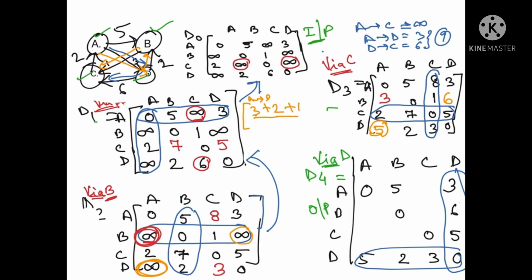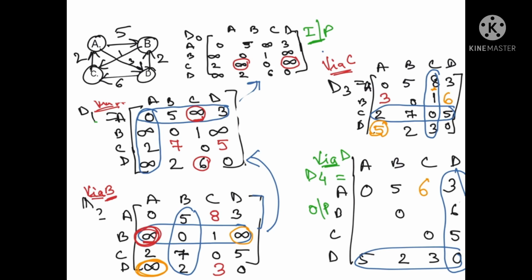So 3 plus 2, 5 plus 1, 6. So between 9 and 6, which is the smaller? 6 is the smaller. So here we will write 6. It is smaller than 9, which we calculated, so this is the least distance basically.